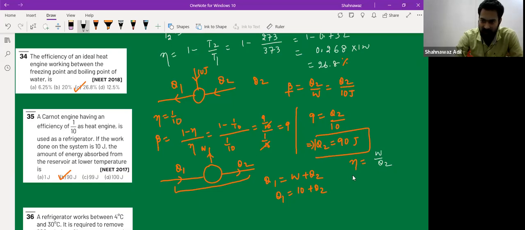So this is 1 by 10, and then W is 10 and Q1 is 100, right?